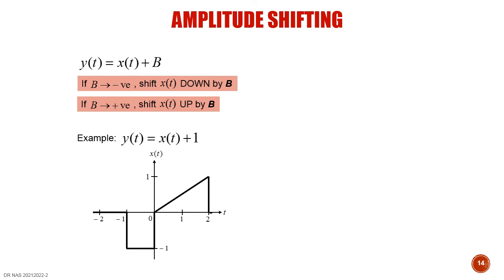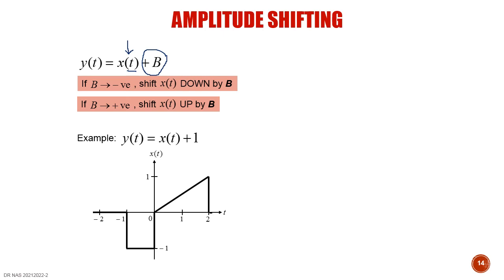Let's look at what happens when you have amplitude shift. When you compare with the general equation, you can't see any additional variables inside the bracket. There is only an additional plus outside the bracket, meaning that the signal will be shifted up by B in amplitude. There are no changes on t.